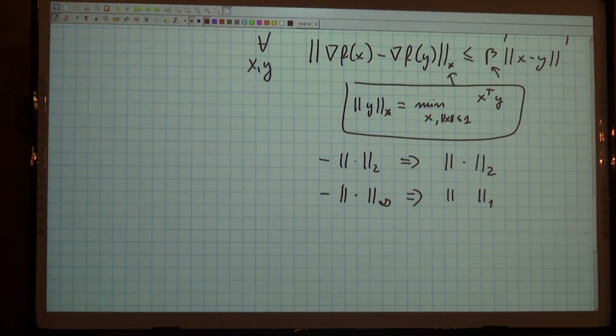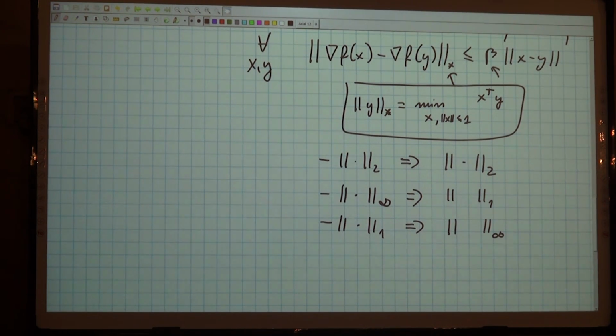And now what is the dual norm of L1? L infinity, yes, because things are always reflexive, for reasonable norms. So essentially the dual of a dual is the original norm.